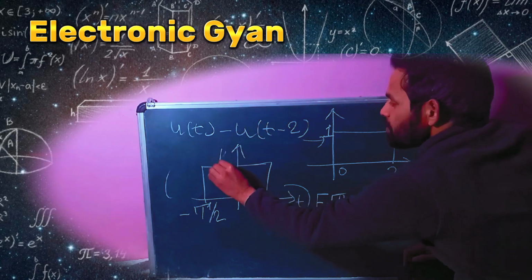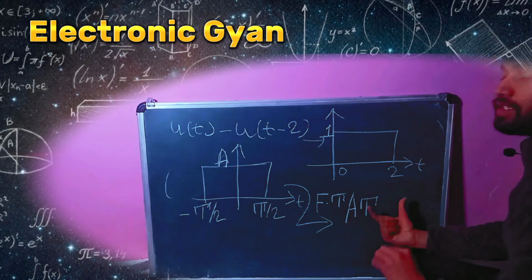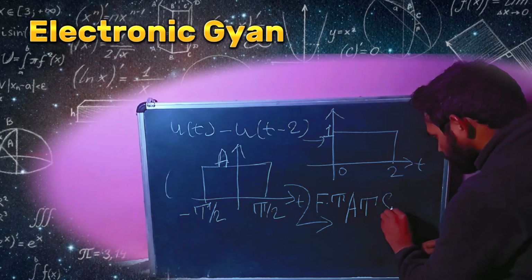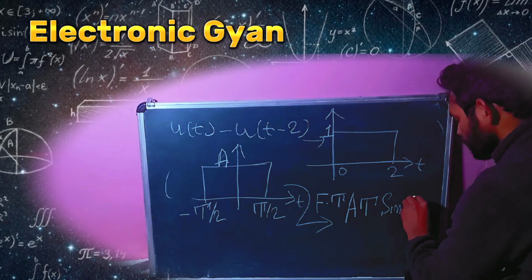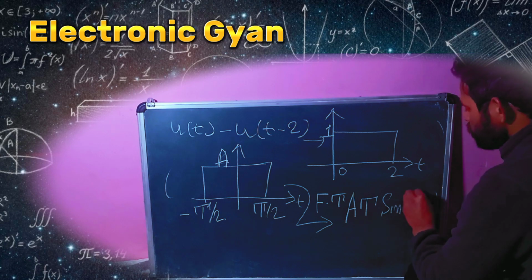Let's say the amplitude is A, then the Fourier transform is A t sinc of omega t by 2 pi.